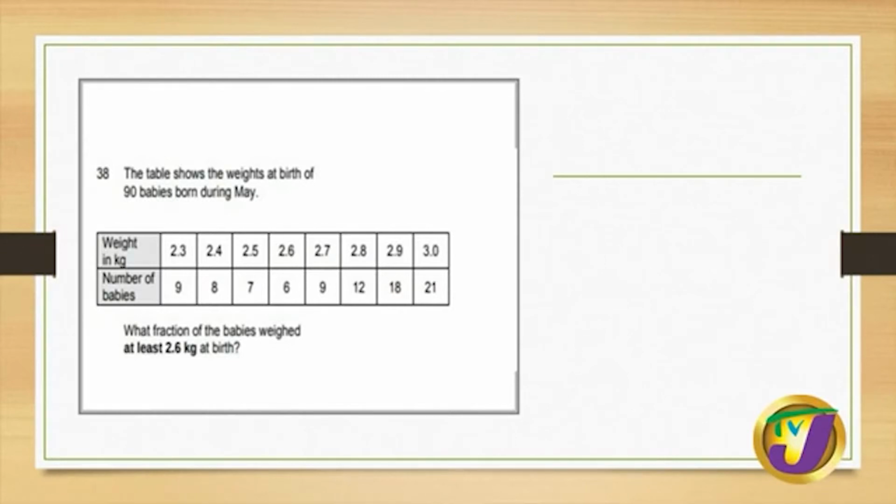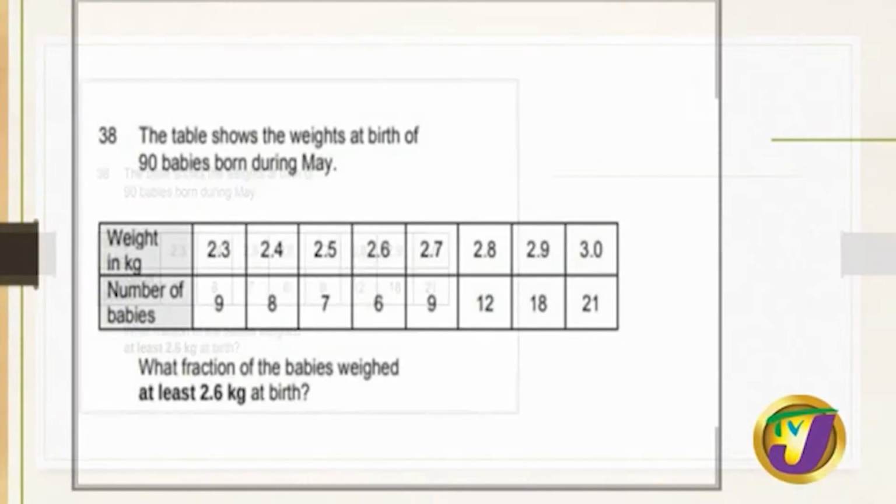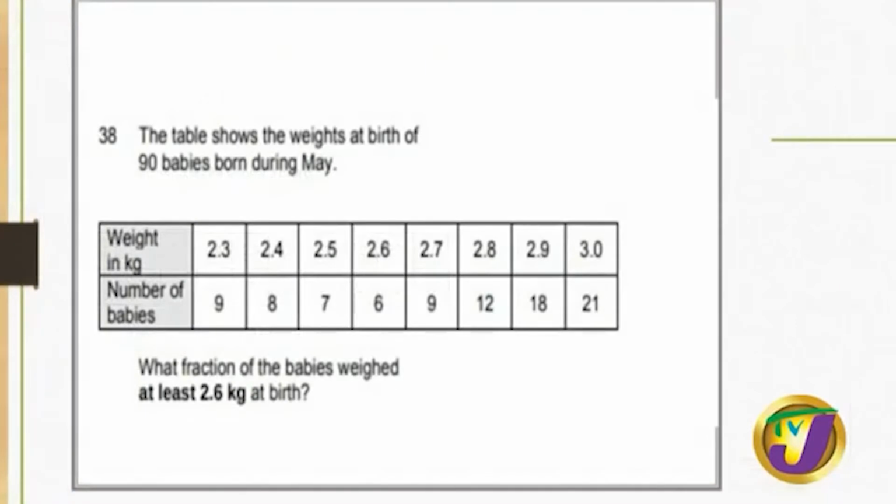Now you're going to look at your table and pick out the information. So we have 9 babies weighing 2.3 kilograms. We have 8 babies at 2.4 kilograms. And you can continue and see that we have some babies weighing 3 kilograms, and that's 21 babies.